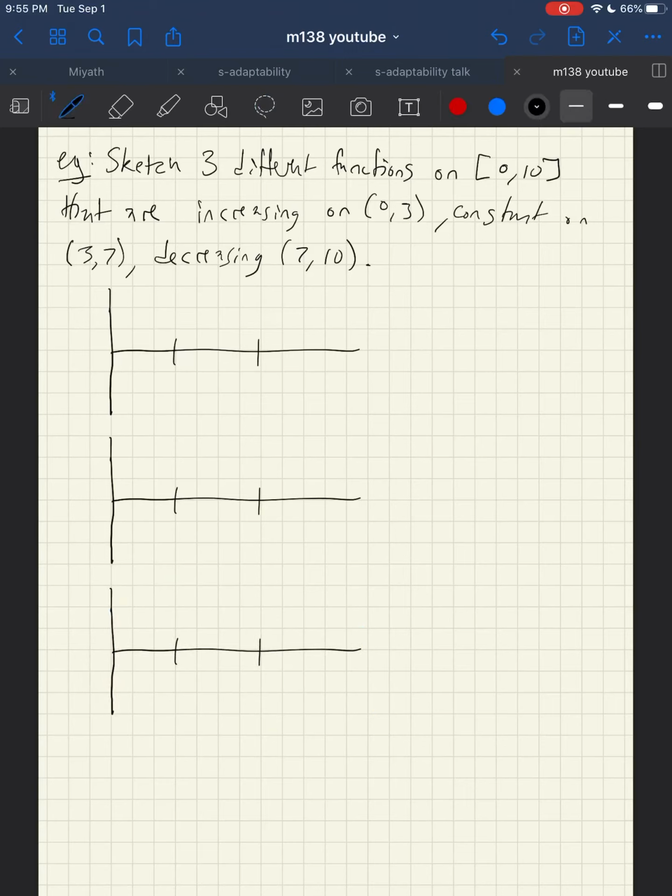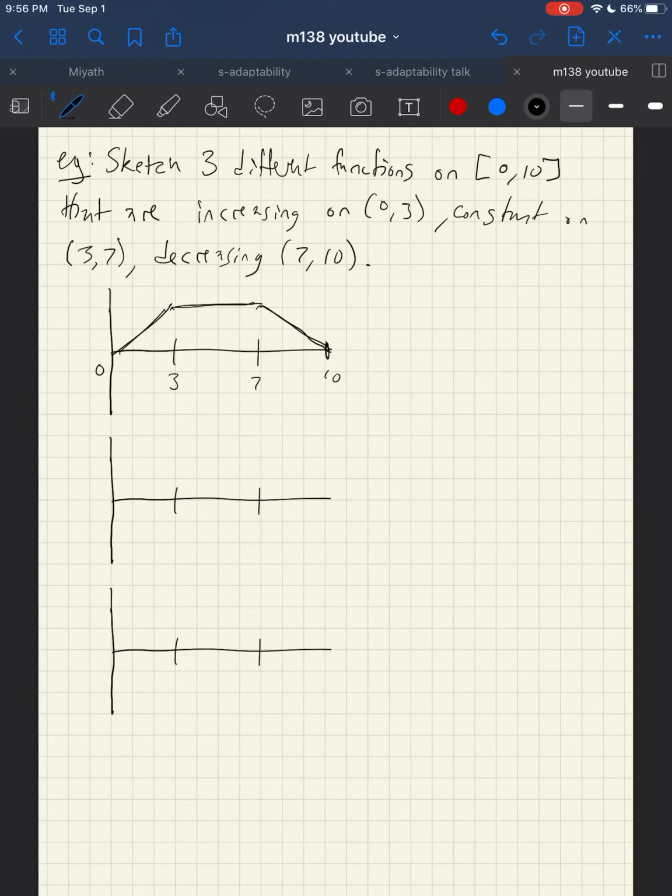Let's have one that starts at f of 0, 0. It's going to come up a little ways, and then it'll come over, and then it'll come down to 10. That's 7, 8, 9, 10. Let's get rid of some of that so we don't accidentally go off to 11. Okay, so you can verify it's increasing, then it's constant, and then it's decreasing. So this is 3, this is 7, this is 10, and here, of course, x equals 0.